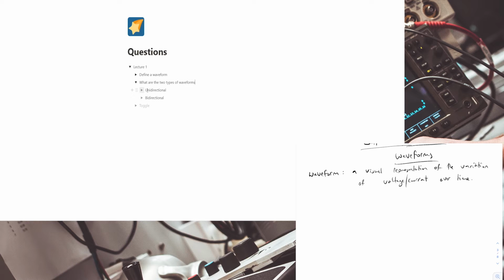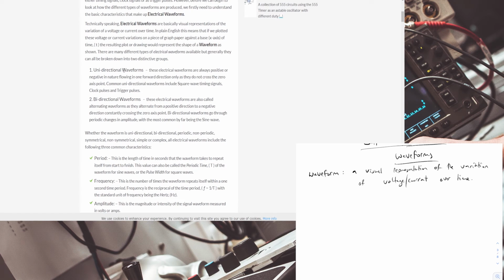Okay, let's just read what it is. These electrical waveforms are always positive or negative in nature, flowing in one forward direction only, as they do not cross the zero axis point.